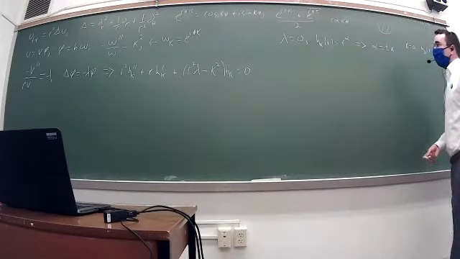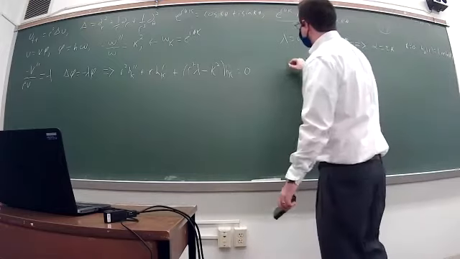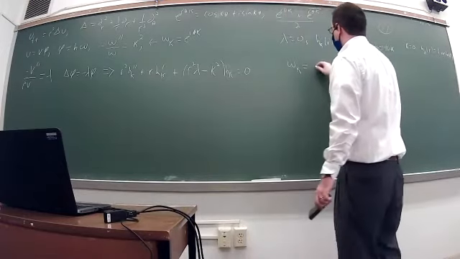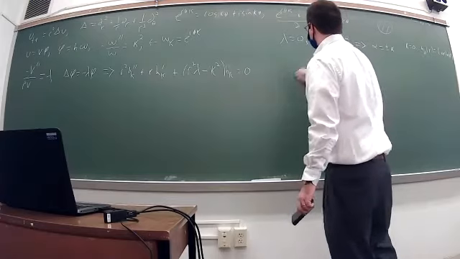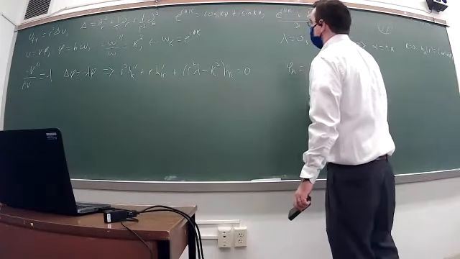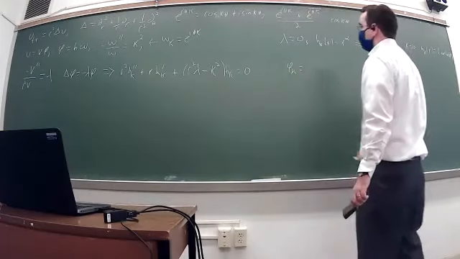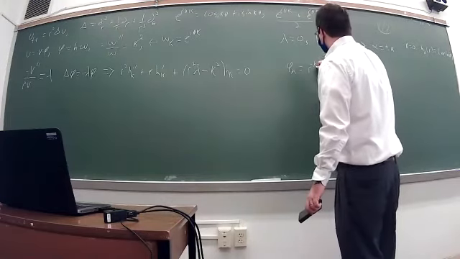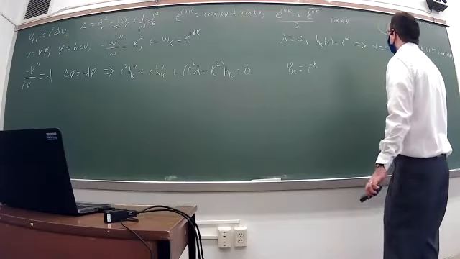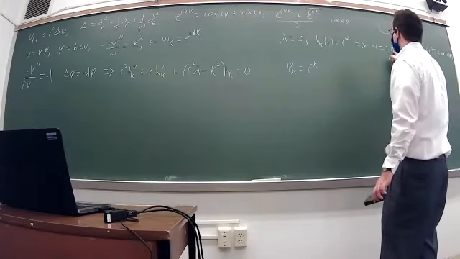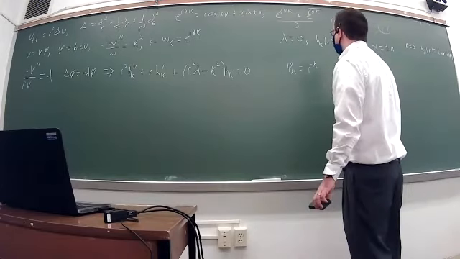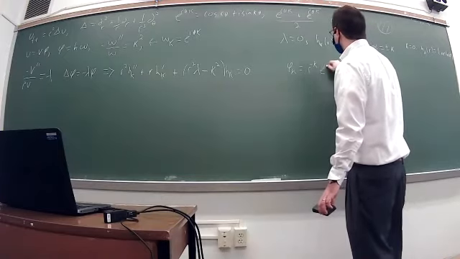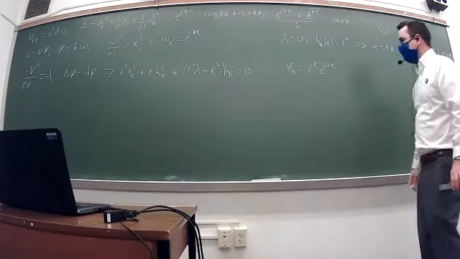So if you look at a typical choice for phi k, like, let us take k bigger than 0, but let's pick this solution r to the minus k, and let's multiply it by e to the I theta k.